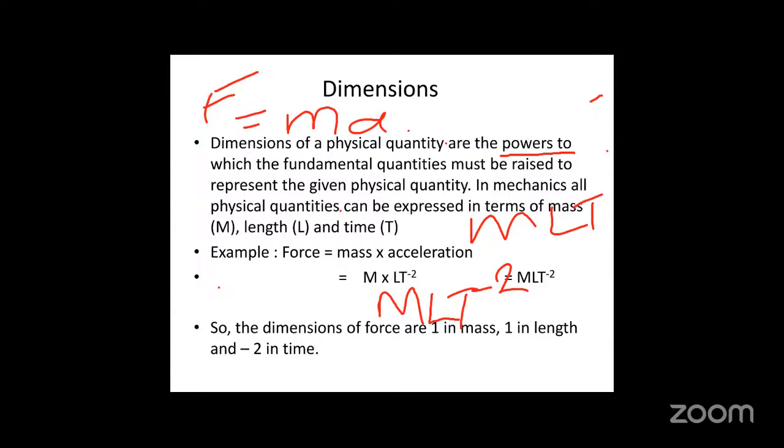So now we have M L T minus 2 as the dimensional formula for force. Remember that when we have just a letter, let's say F, or a number 2, we believe that it is raised to power 1, isn't it? All numbers are raised to power 1.